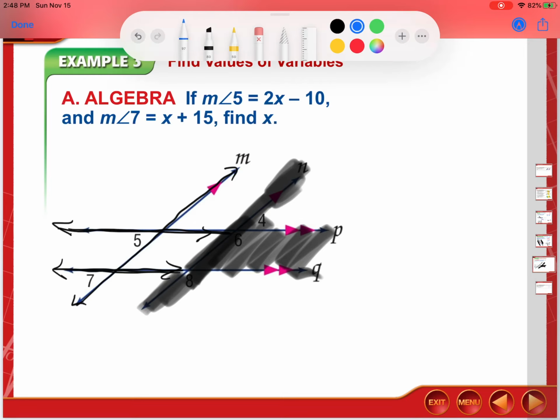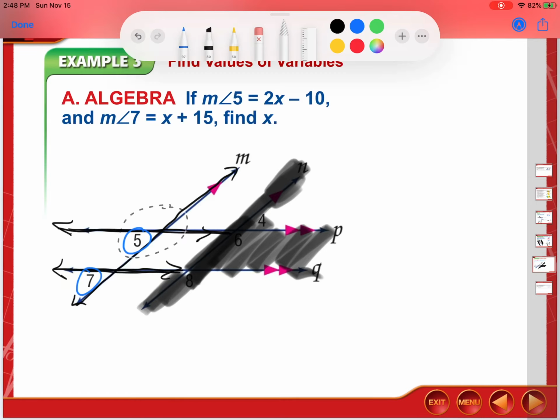Now what I can see here is that angle 5 and angle 7 are going to be the same because they are corresponding angles. They both lie on the left-hand side of the transversal m, and they're both in the same relative position.